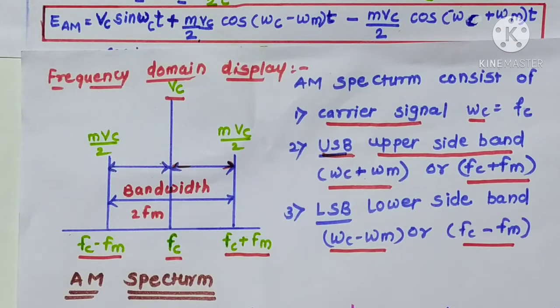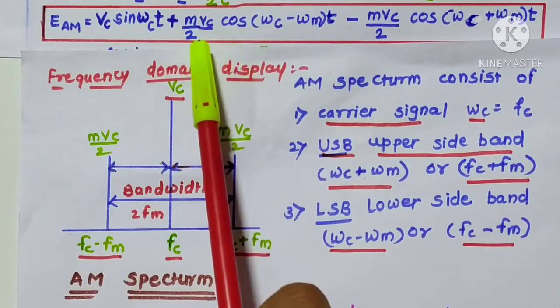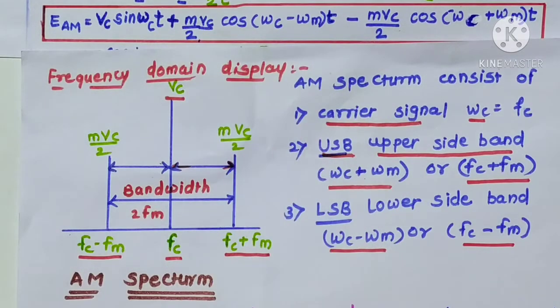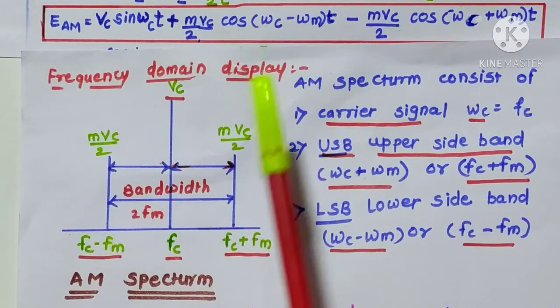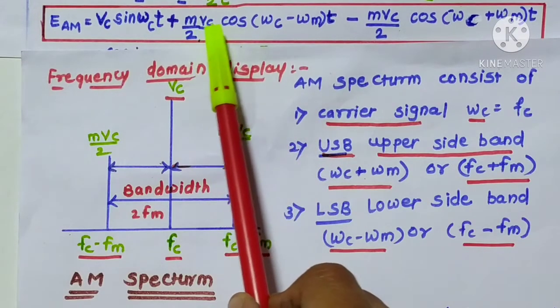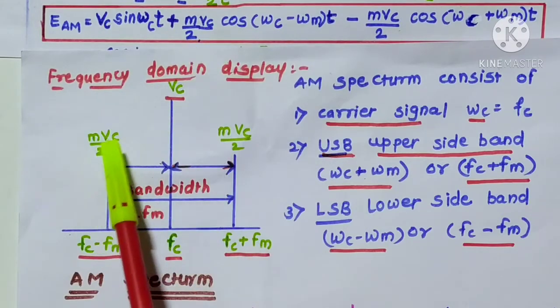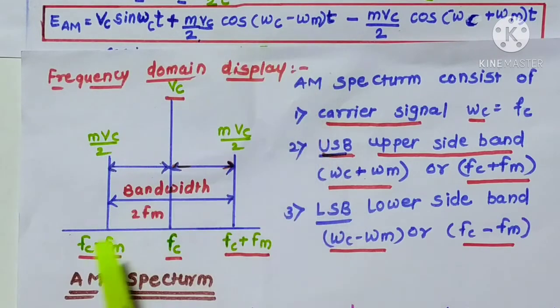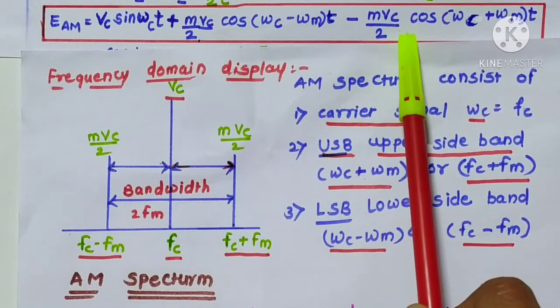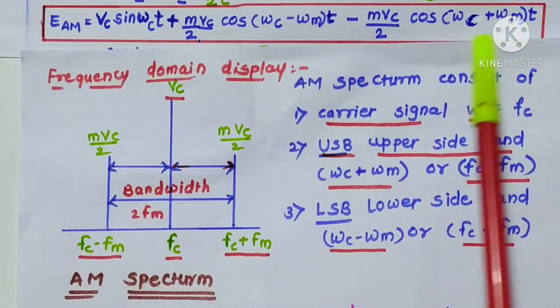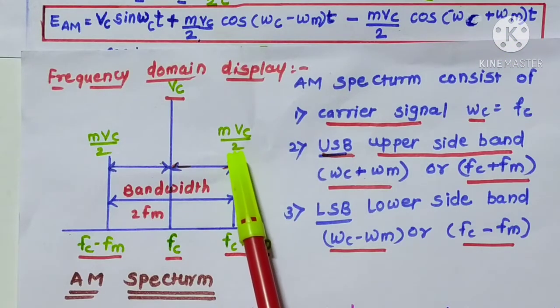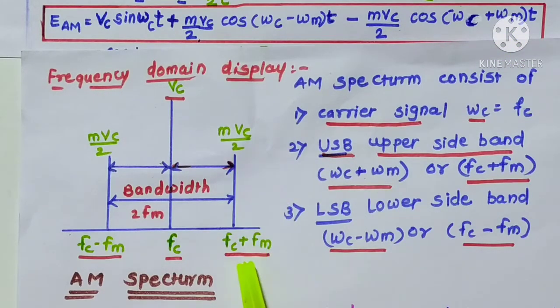The second term represents the LSB, lower sideband, with amplitude mVc/2 and frequency fc minus fm. The third term is the upper sideband, with amplitude mVc/2 and frequency fc plus fm.